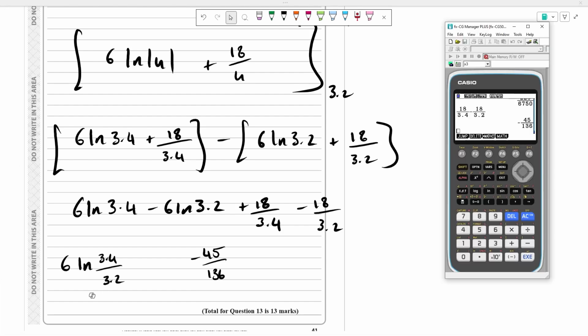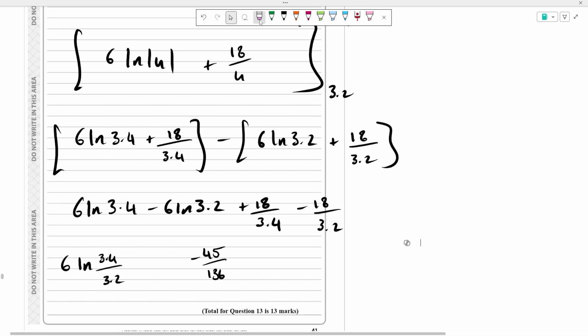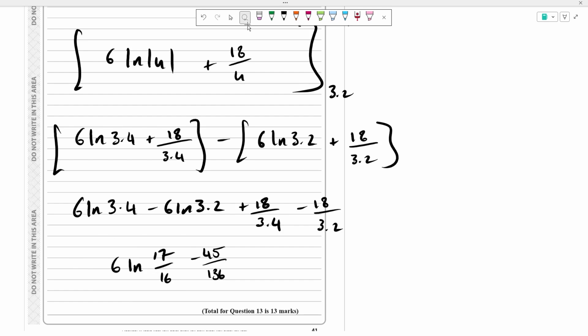Okay, and what does that simplify to? Well, 3.4 over 3.2 is going to be, I believe, 17 over 16. Yeah, 17 over 16. And that is essentially our final answer. 6 ln 17 over 16 minus 45 over 136.